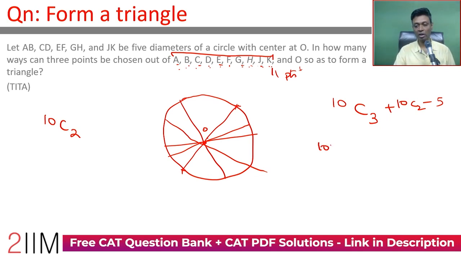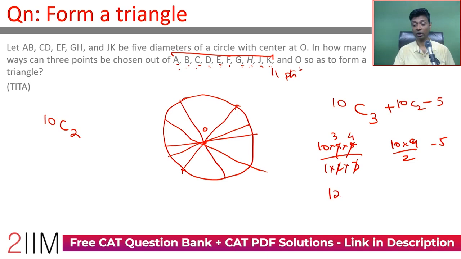So 10C3, 10 into 9 into 8 by 1 into 2 into 3, plus 10C2, 10 into 9 by 2, minus 5. This is 120 plus 45 minus 5, 120 plus 40, 160.